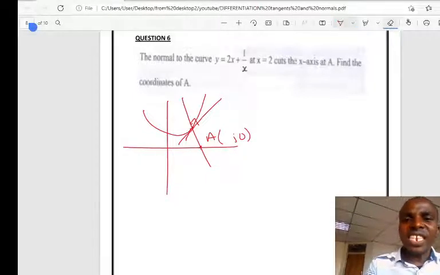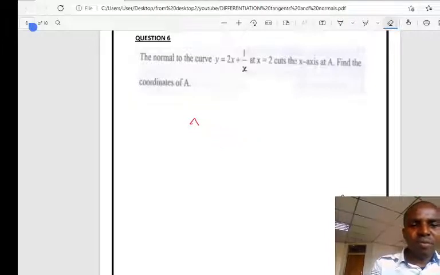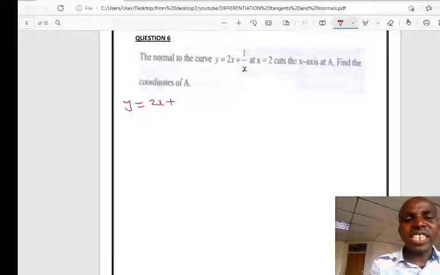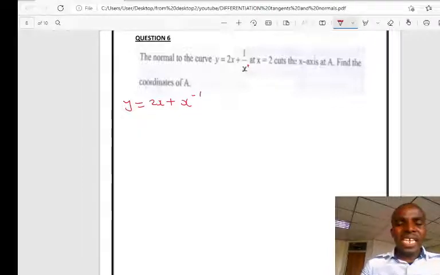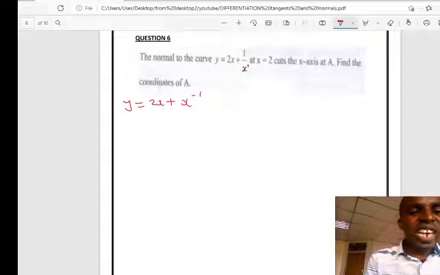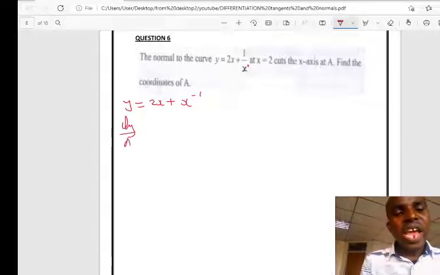To find the gradient, first let me rewrite 2x plus 1 over x. This one is x to the power minus 1, letting x be on the numerator, applying the laws of indices. Then you find dy over dx.